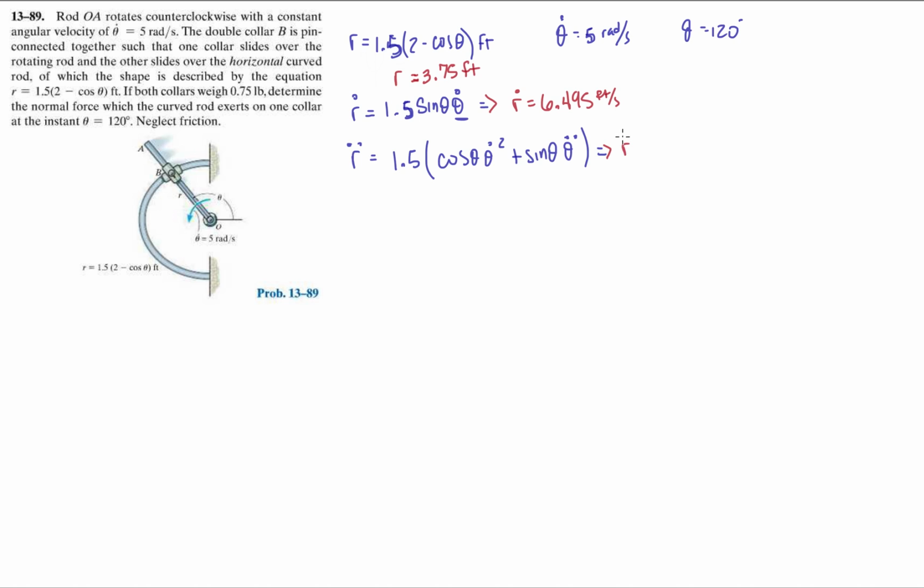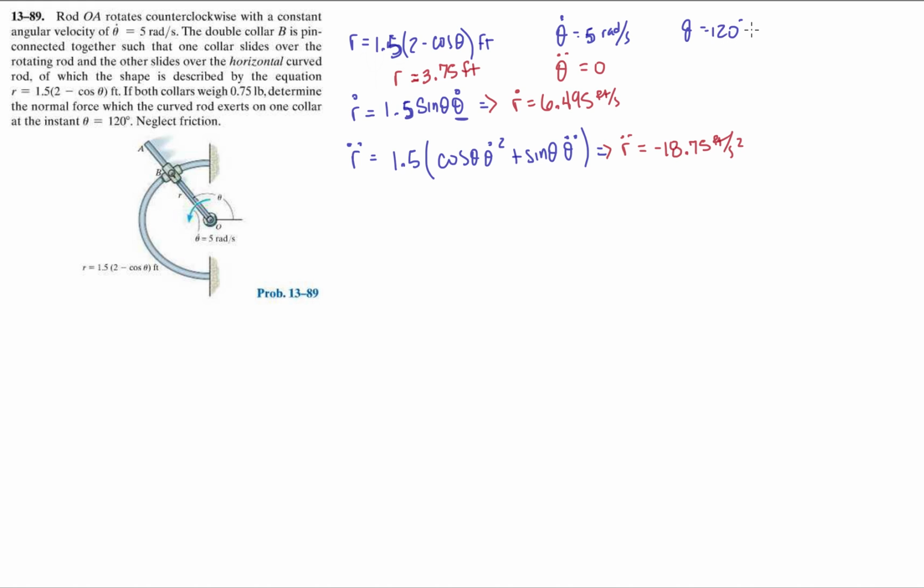And for r double dot, I got minus 18.75 feet per second squared. Also, one more thing we have to add is that we have a constant angular velocity theta dot, which means our theta double dot is going to be 0.